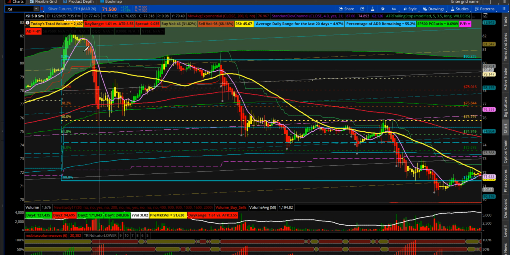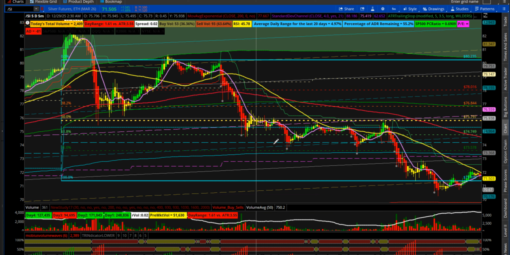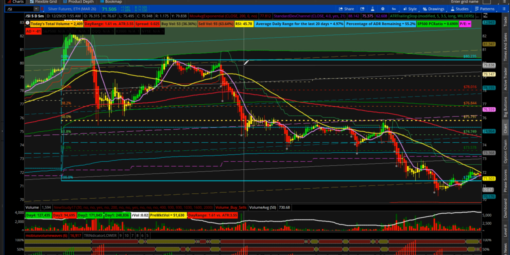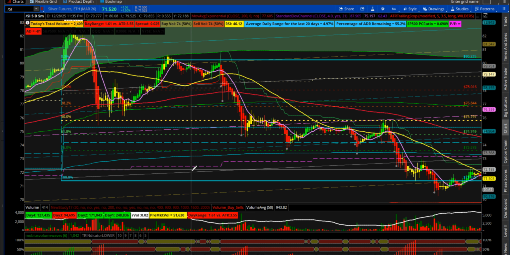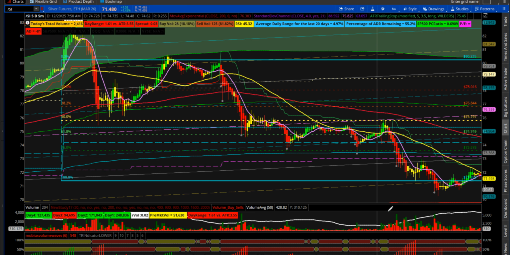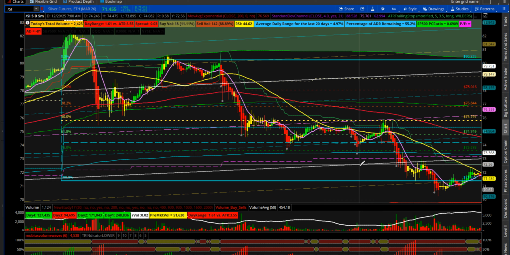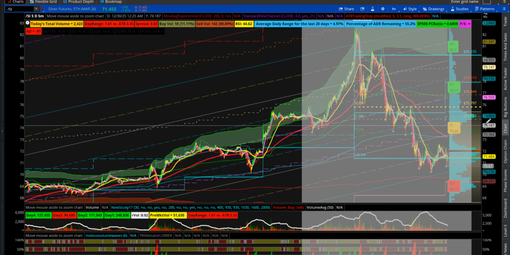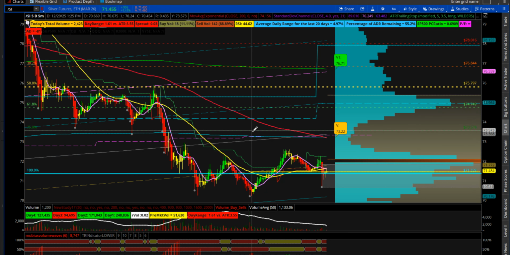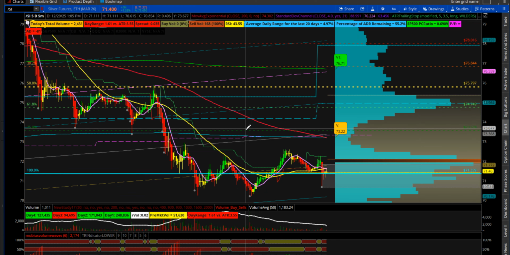Basically, what algorithms do is they look for that higher extension, and you can attack it to the short side after that, or long it if it's another direction. You can see how perfectly it bounces off of that there. Even if it doesn't hold up forever, and now it's just hovering around that level from Sunday.